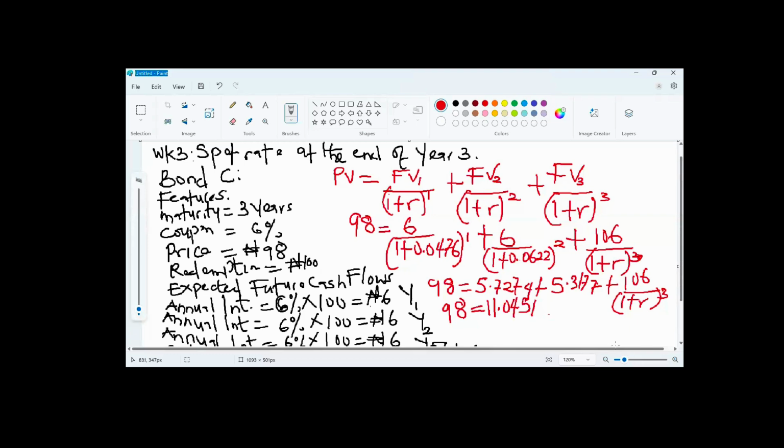Okay. Of course, that will give me plus 106 divided by 1 plus R raised to power 3. I will collect like terms.